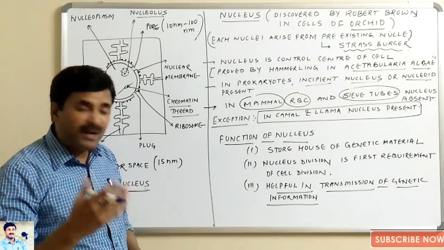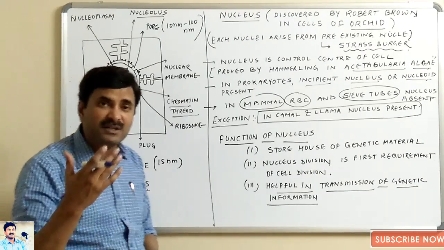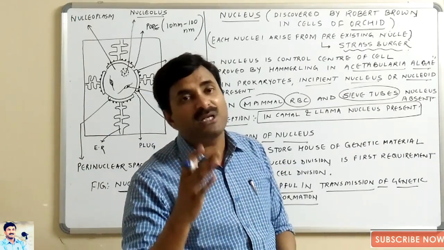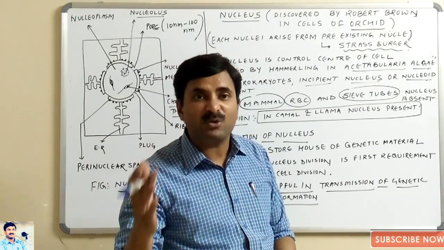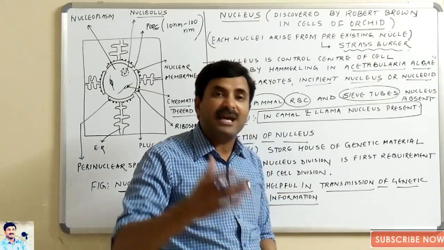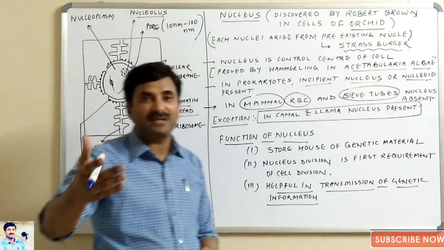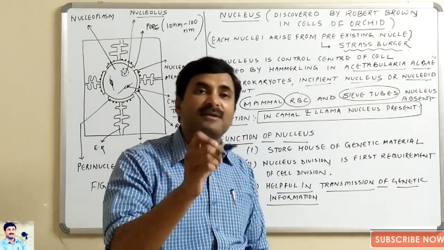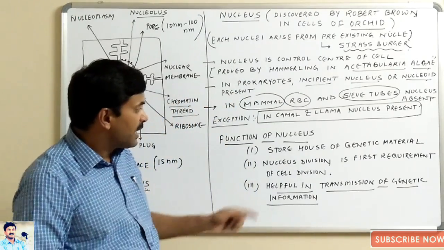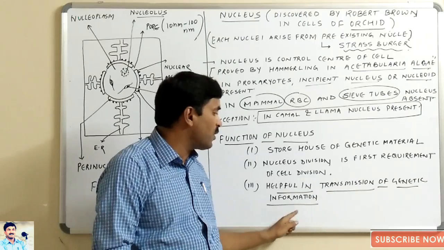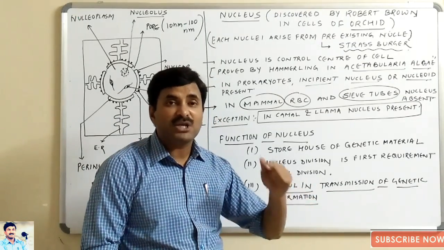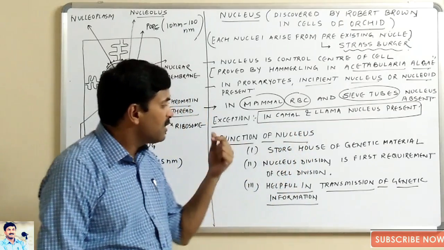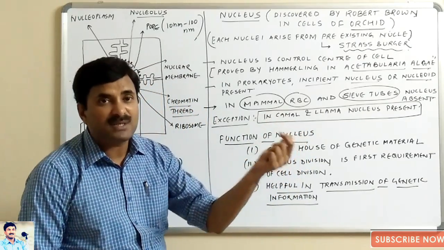Not only this, when we study cell division, the top priority is that the nucleus first divides and then the cytoplasm divides. We know very well karyokinesis is followed by cytokinesis. It means the nucleus plays a very important role in cell division, and it is helpful in the transmission of genetic information. The genetic information from one generation to another is moving through the nucleus only.